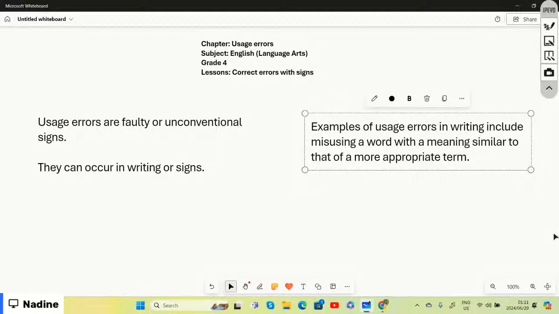All right. So once again, we said that usage errors are basically errors or faulty or unconventional signs, and these usage errors occur either in writing or within signs, right? It's almost like grammatical errors that you will find on these specific signs or on boards, right?